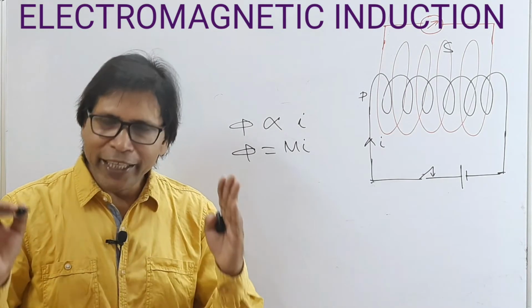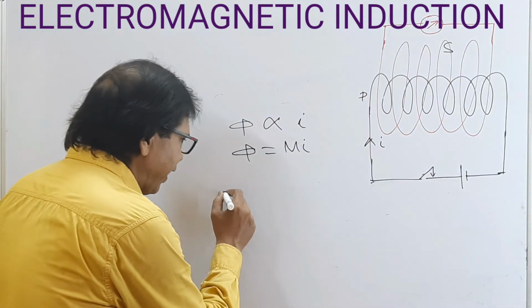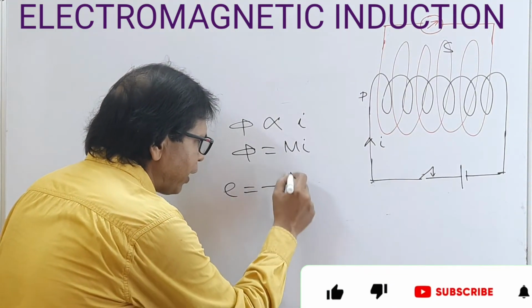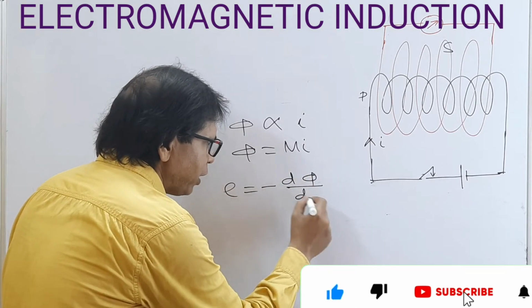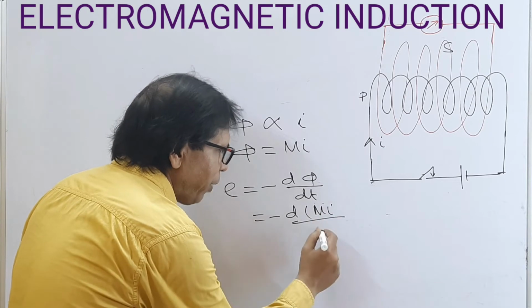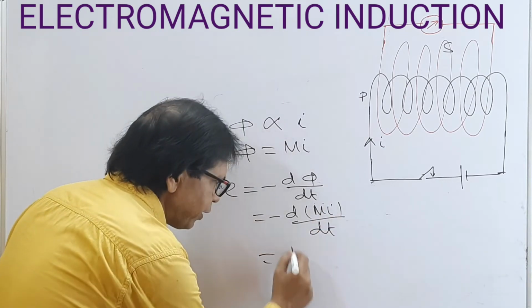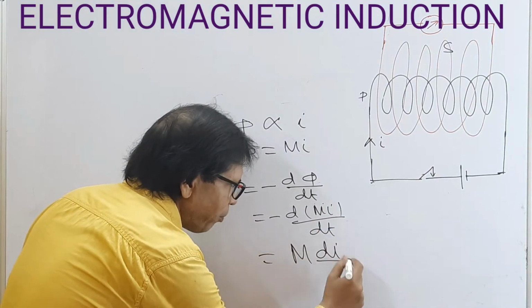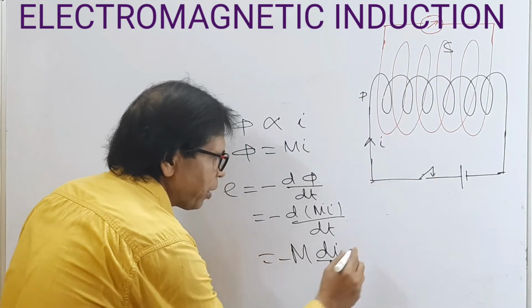Now EMF induced in the secondary coil E equals minus d phi by dt. So minus d of M I divided by dt. So this is M di by dt, negative sign.